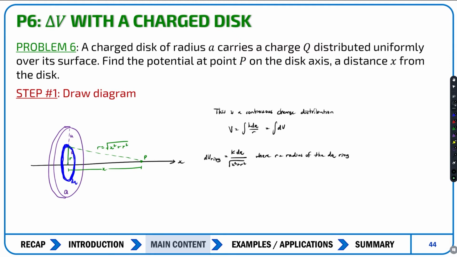So for this, we know that V is going to be equal to the integral from 0 to a of k dq over the square root of x squared plus r squared. But we can't integrate dq from 0 to a.